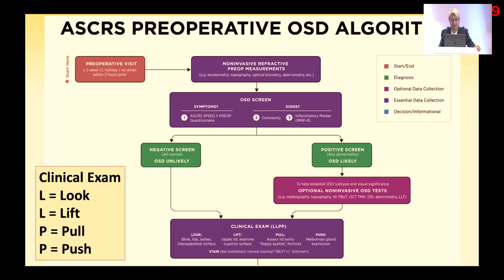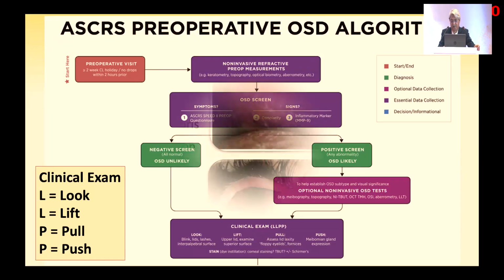So you look for the gland opening, lift the lid, pull and evert, and also push. If you have abnormal gland secretion, then you should be aware that you should not proceed with direct cataract surgery. You treat them, then proceed.